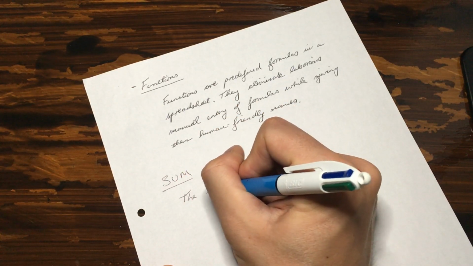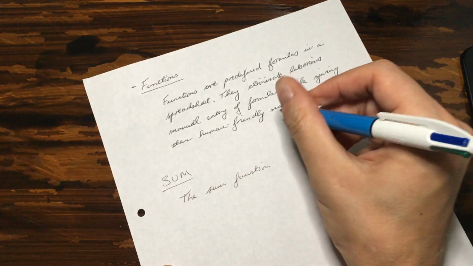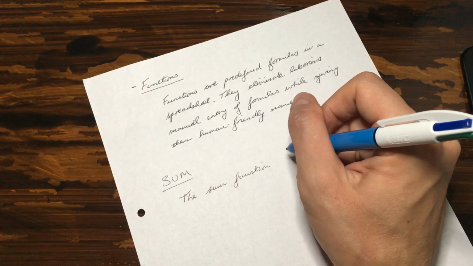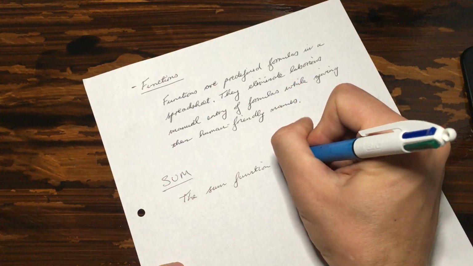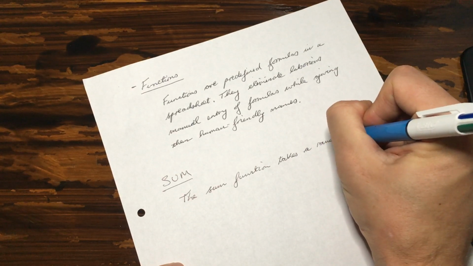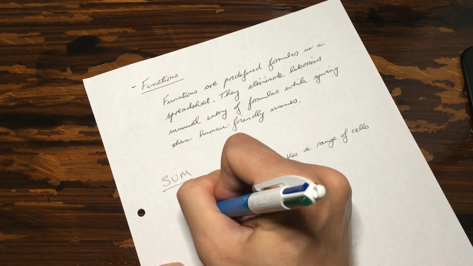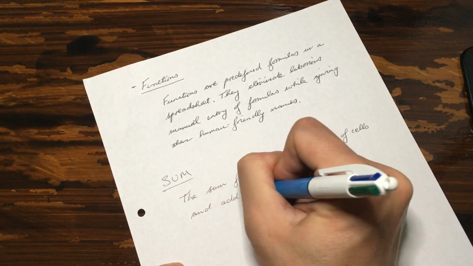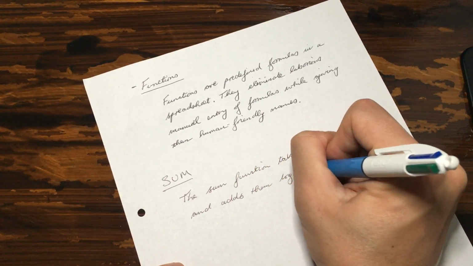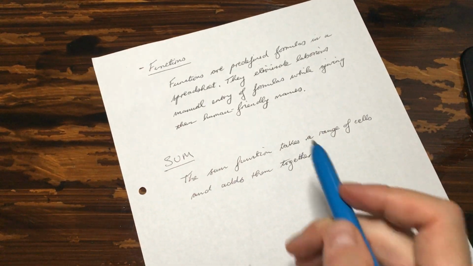The SUM function takes a range of cells and adds them together. So we just write a little comment here on what this one does.